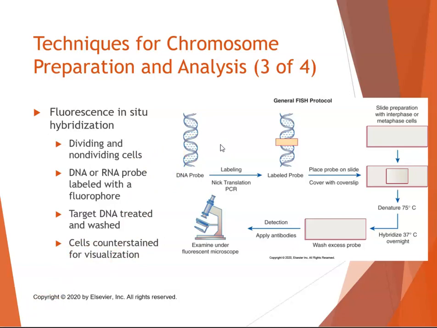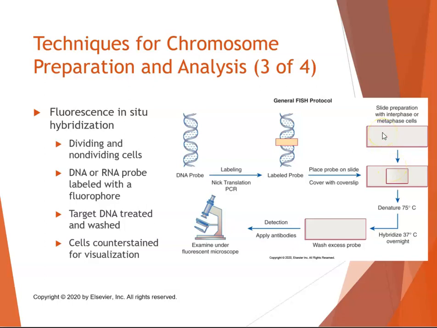In this particular case of FISH, it's labeled with a fluorescent dye. On a slide, they'll have the chromosomes laying there. They then apply the labeled probe that has a fluorescent marker, which binds to it.